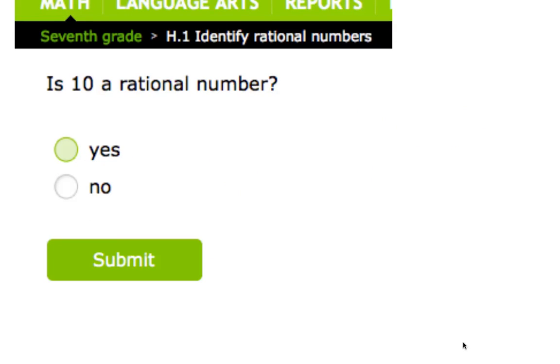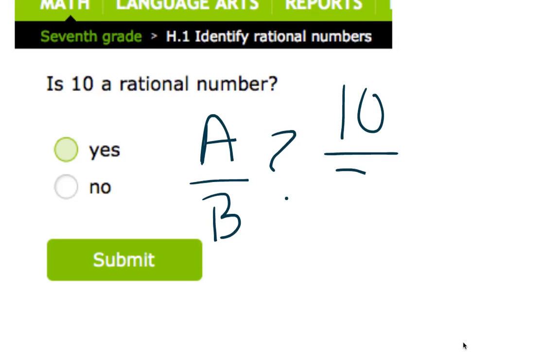How about just a whole number, like 10? Can we write that in the form a over b? So 10 over what is equal to 10? 10 over 1 is equal to 10, so we just have to get it one time, and it satisfies the definition of a rational number. So yes, that was a rational number.